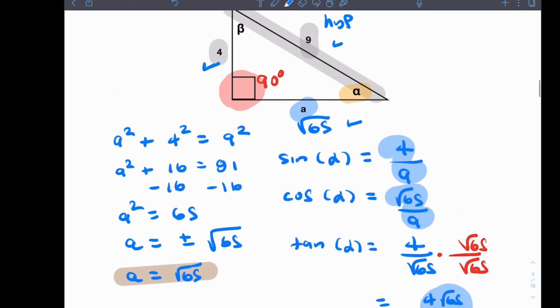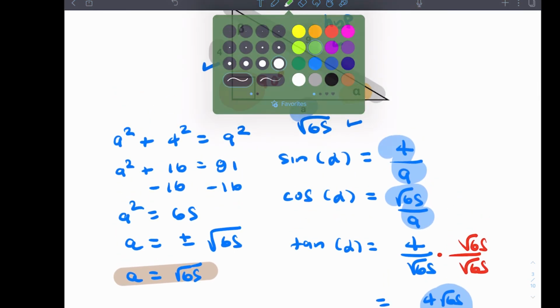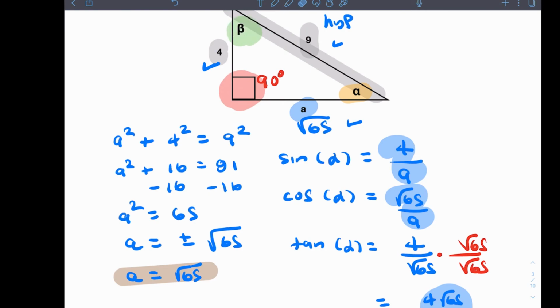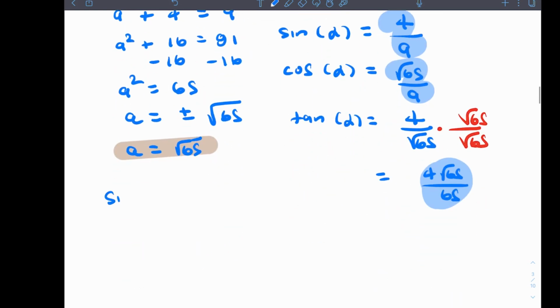All right, let's do beta now. So beta, we're going to find sine of beta, cosine of beta, tangent beta.